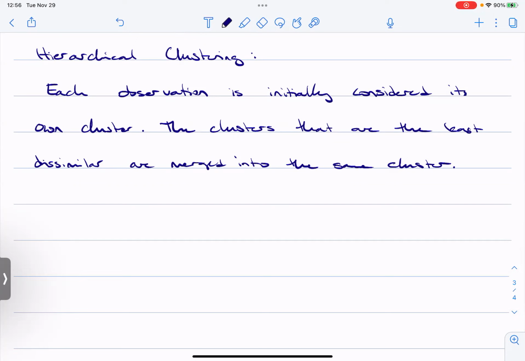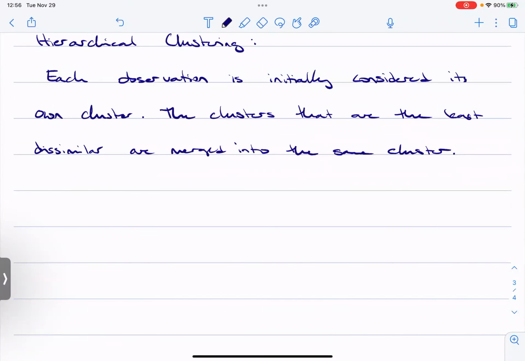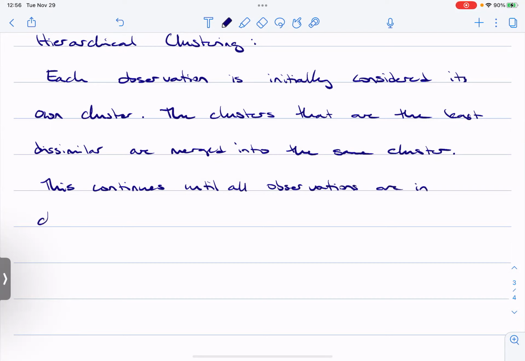This continues until all observations are in clusters.